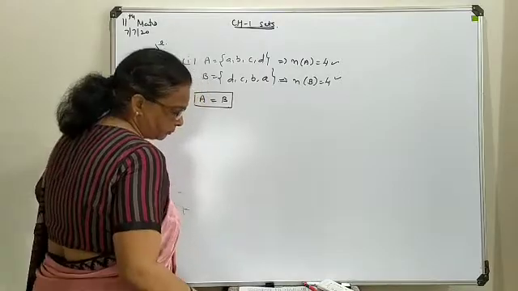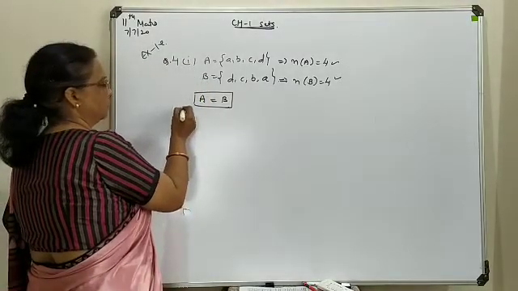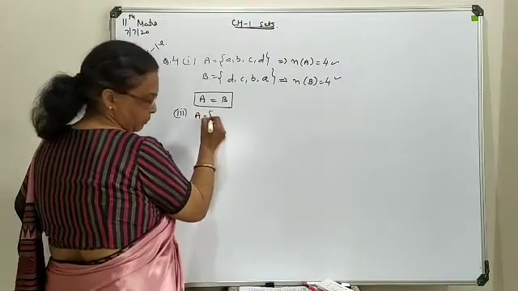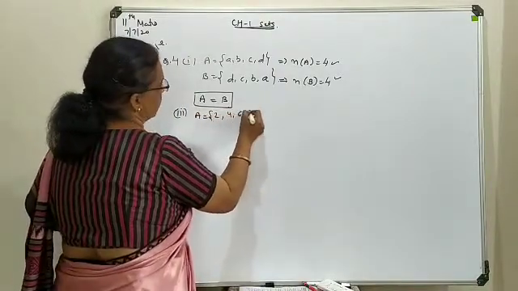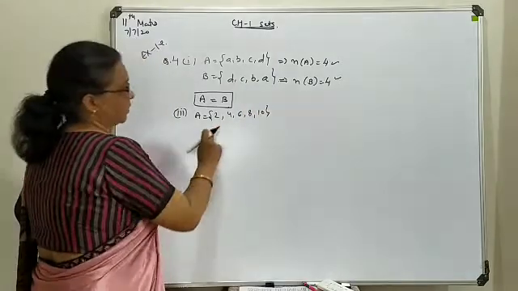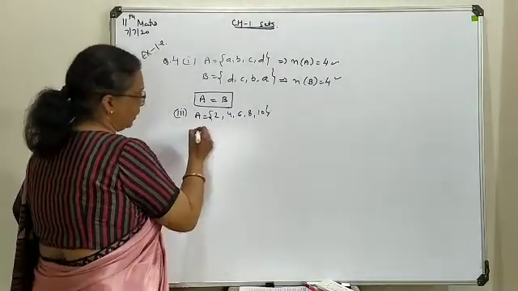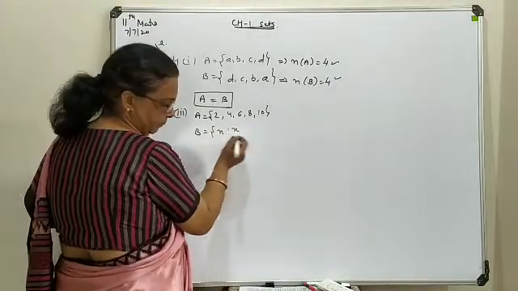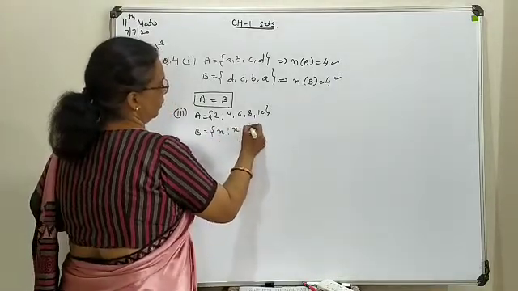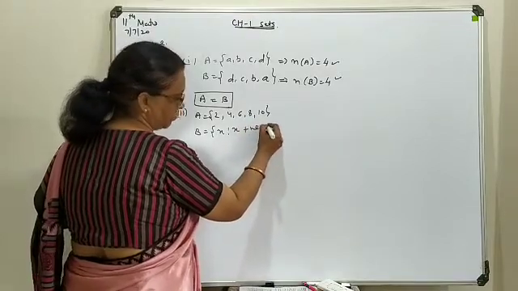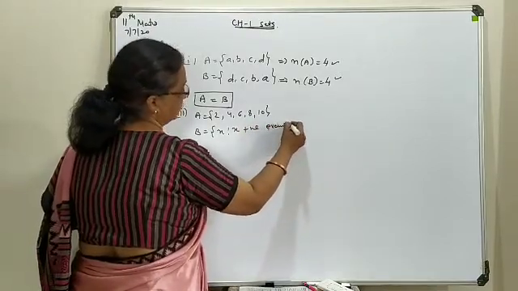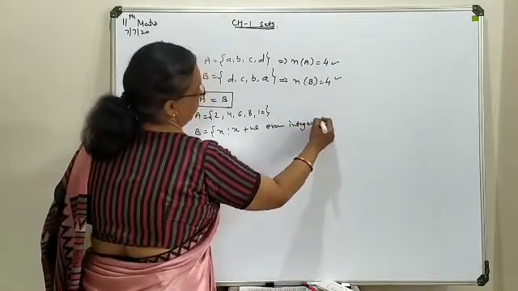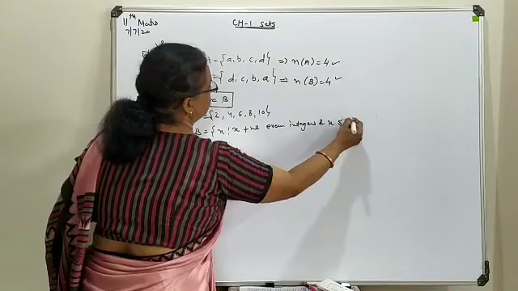Now you look at the third part, in which your A is available as 2, 4, 6, 8 and 10. It is containing 5 elements. Your B is carrying elements as x, positive even integer, and x should be less than or equal to 10.